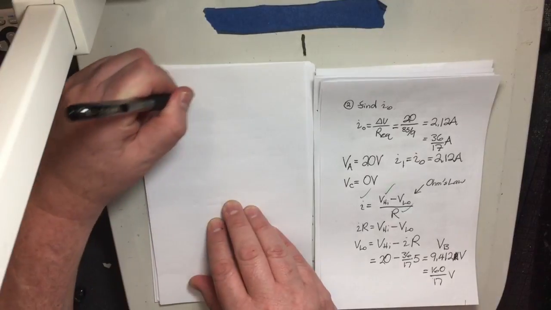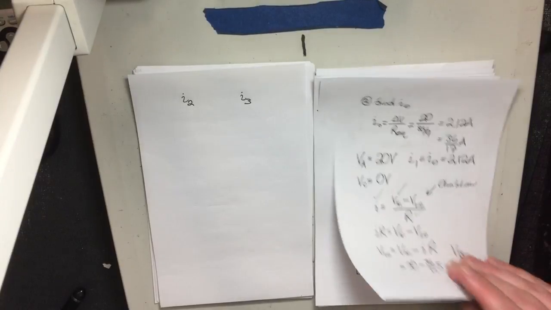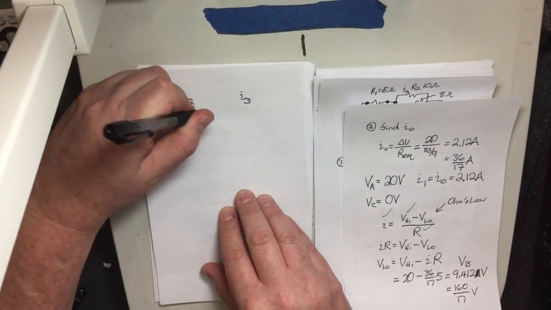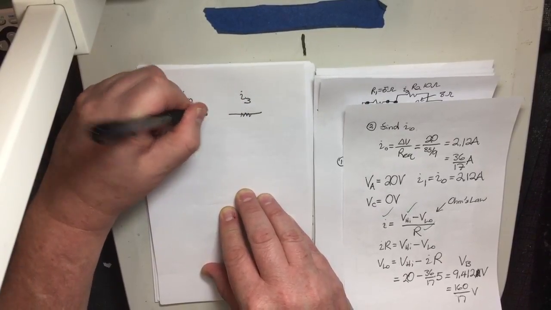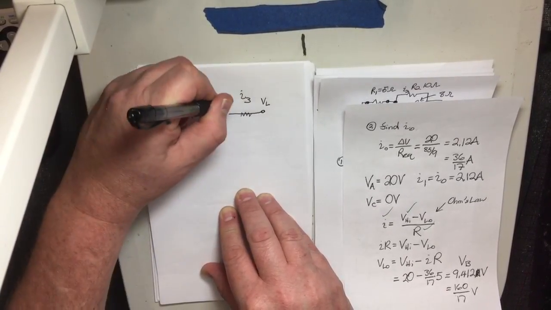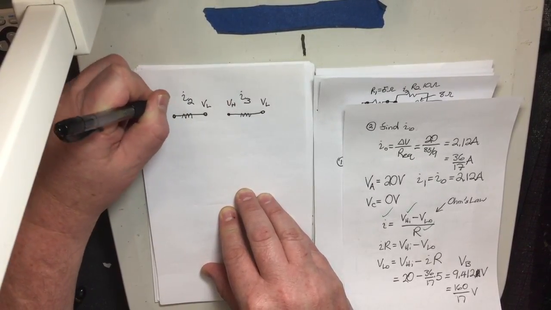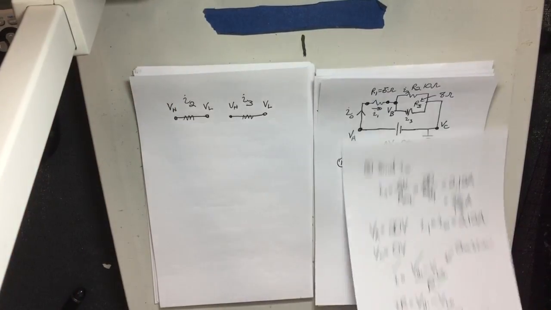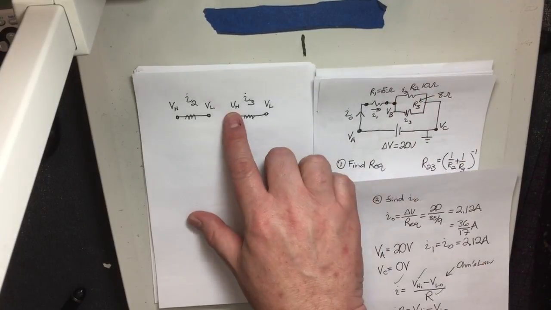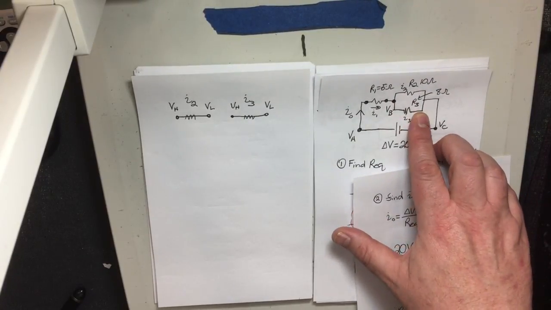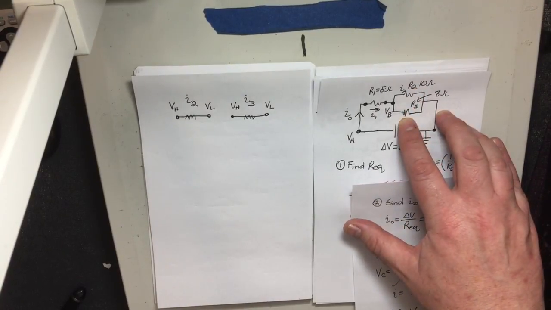The last bit, I2 and I3. Now I've kind of pulled them apart. I2 is this bit. I3 covers that bit. What do I know about the high ends of R2 and R3?